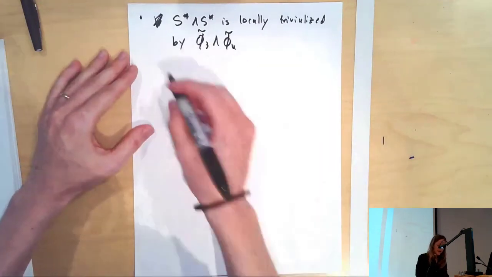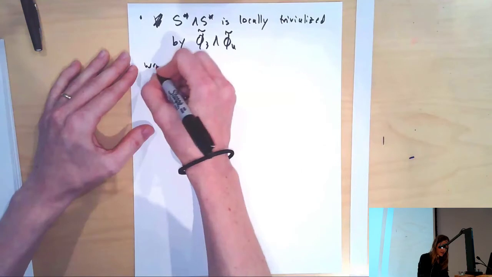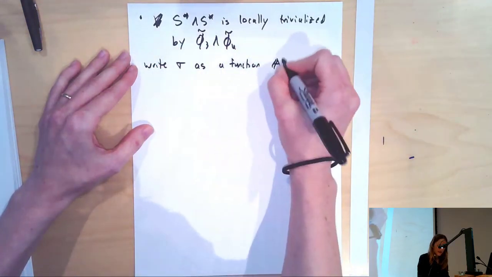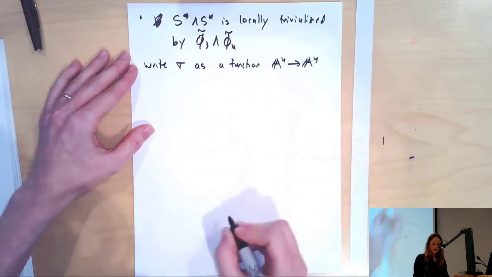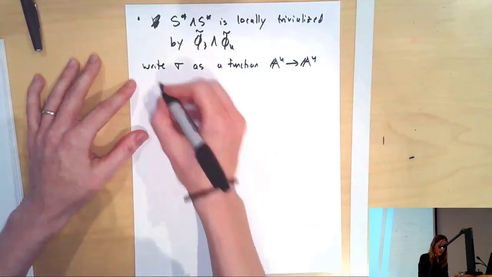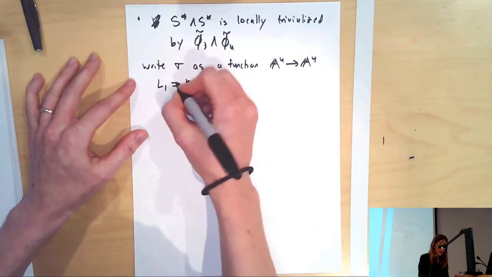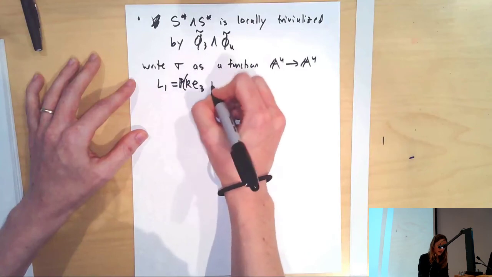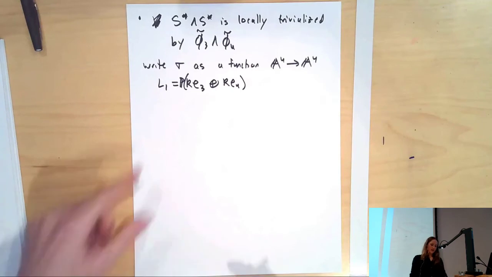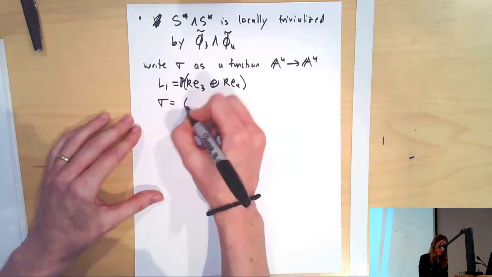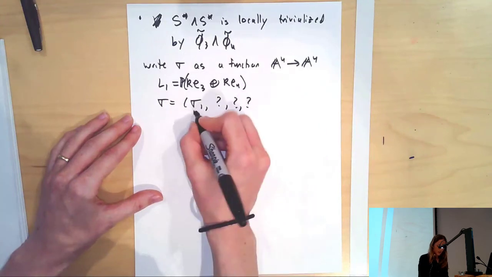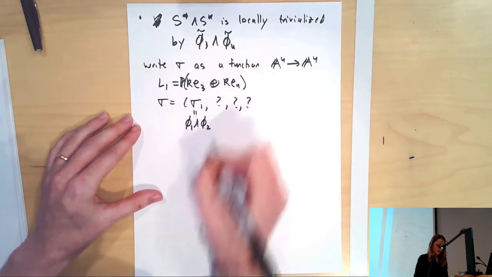And then let's write sigma as a function, A4 to A4. This depends on the choice of lines, and it's not worth it to give notation for all of them. So we're going to just assume L1 is the projectivization of the span of E3 and E4, and then sigma is equal to sigma 1, and some other things, and sigma 1 is phi 1 wedge phi 2, no twiddles.